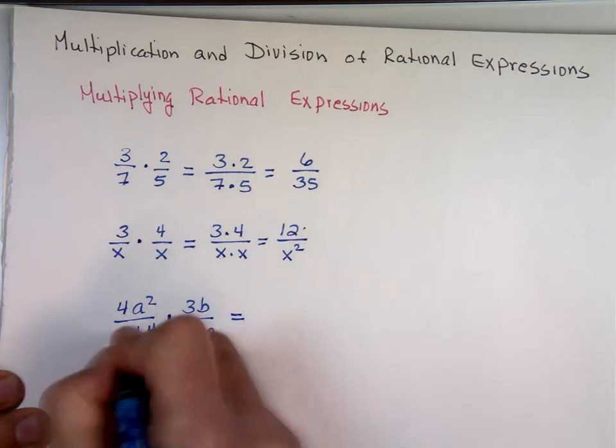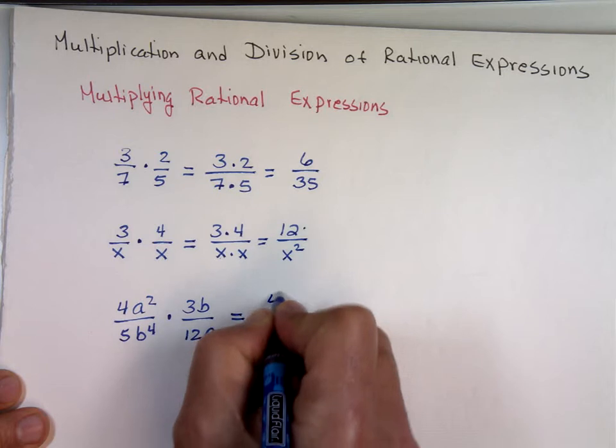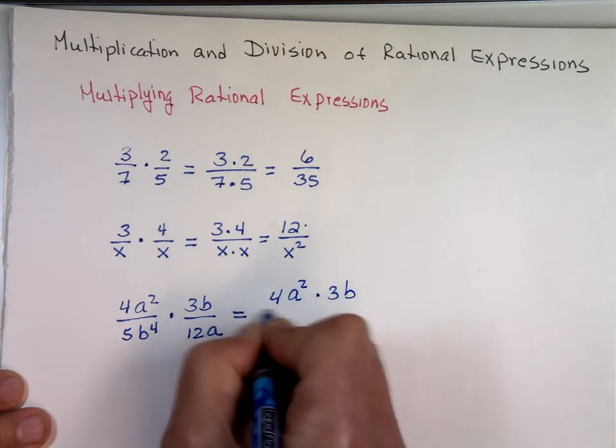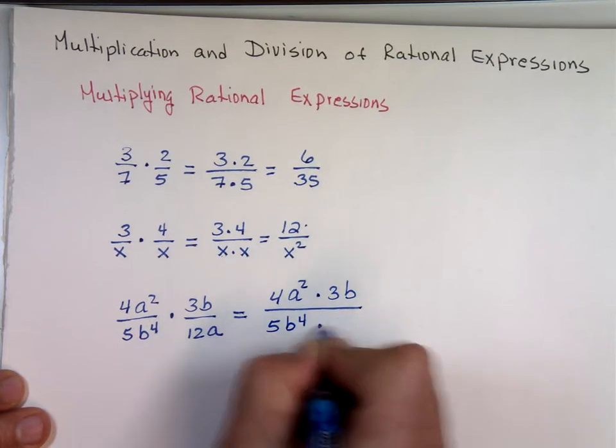Now I can either multiply the whole thing, then simplify my answer, and maybe I'll do that. So this will be 4a squared times 3b over 5b to the 4th times 12a.